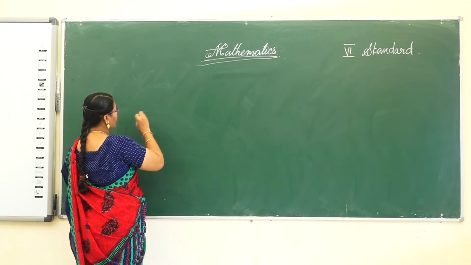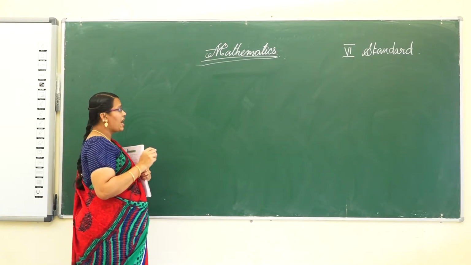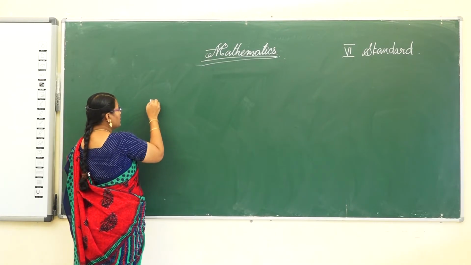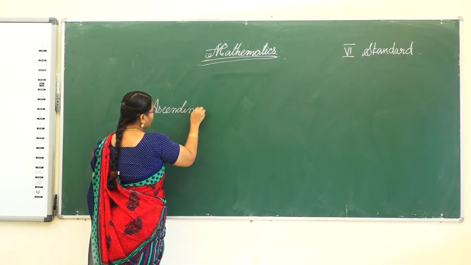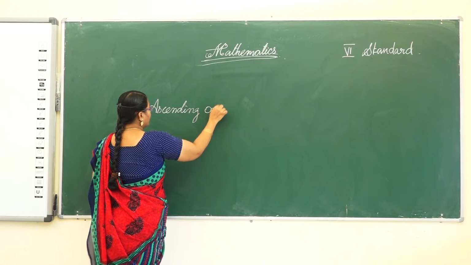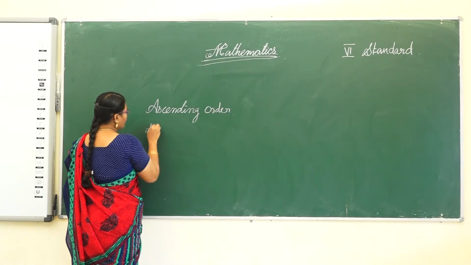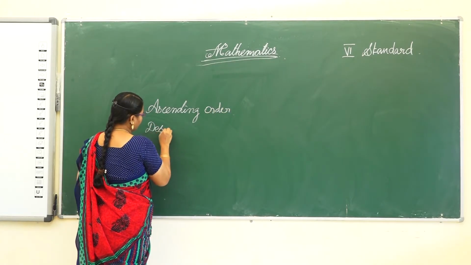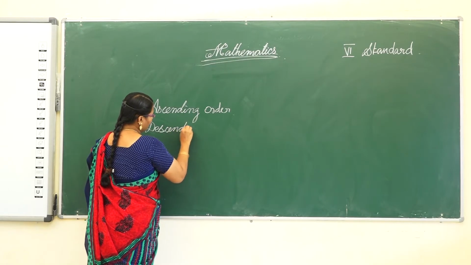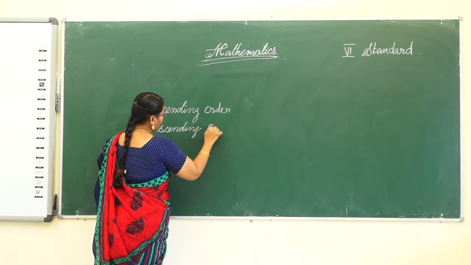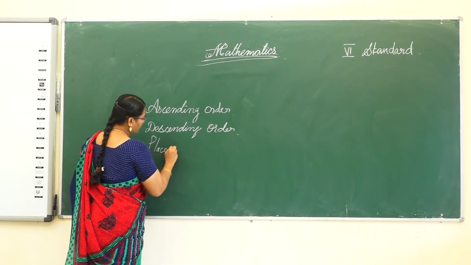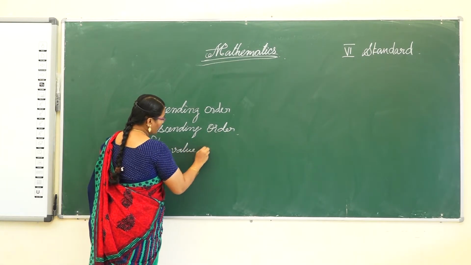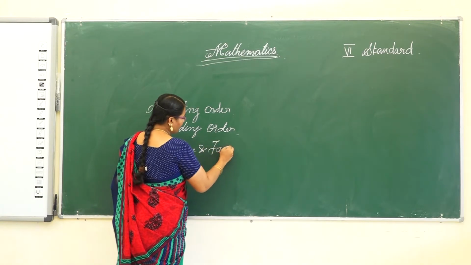What we learned in the last class? Some number concepts we had learned. The first one is ascending order. Second one, descending order. Third one, place value and face value.